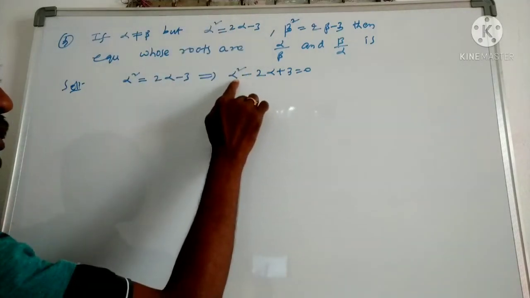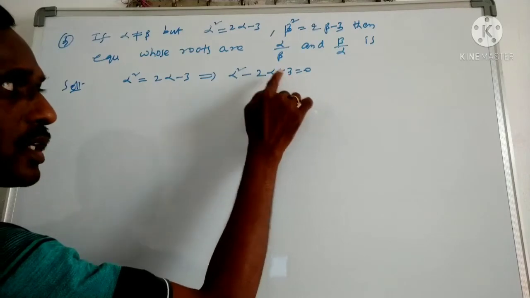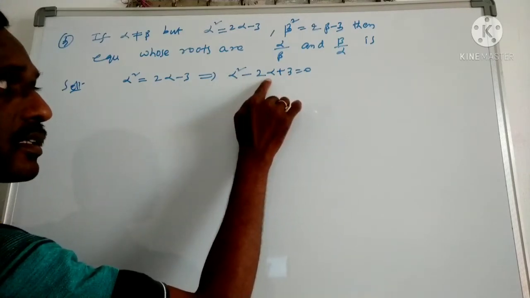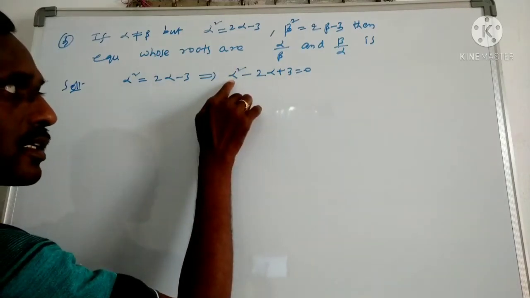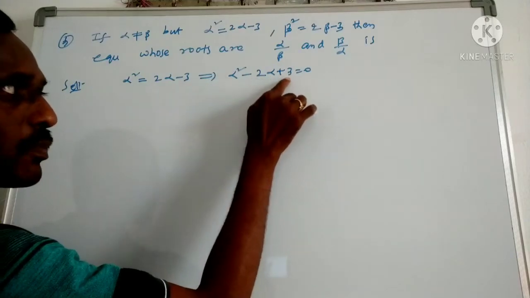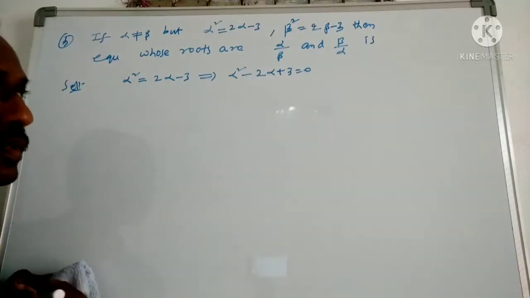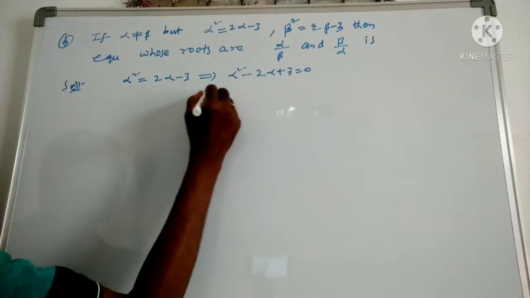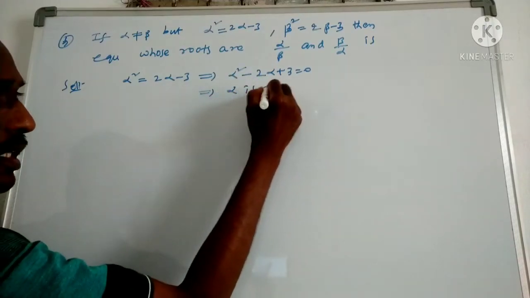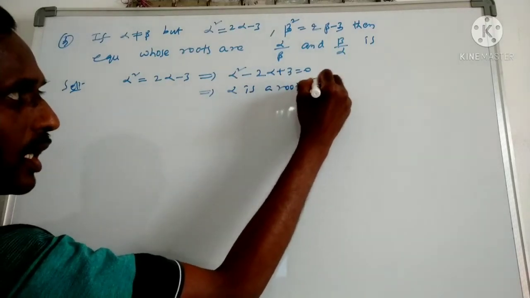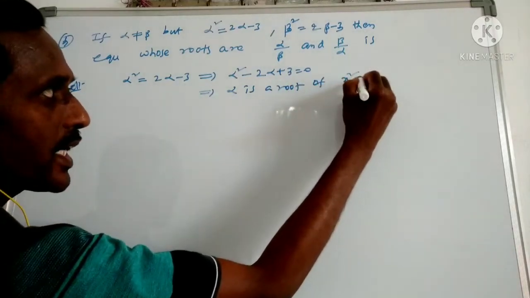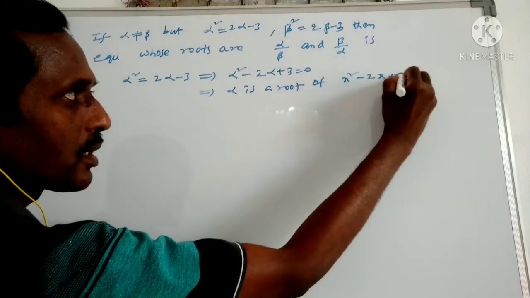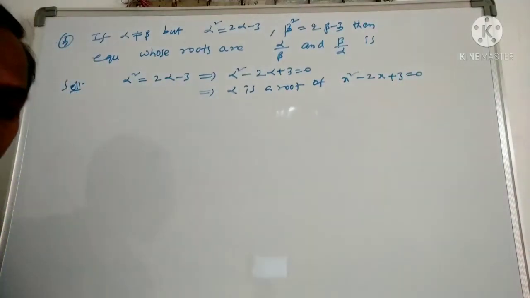Now alpha is a root of this equation. We can say, if the equation is x square minus 2x plus 3 equals 0, this implies that alpha is a root of x square minus 2x plus 3 equals 0. Is it clear?